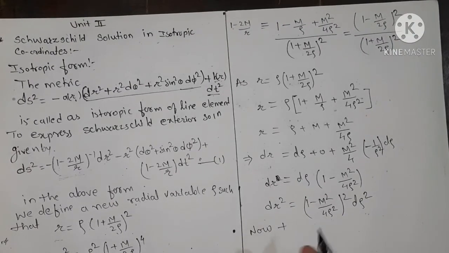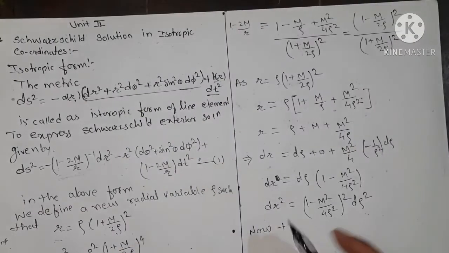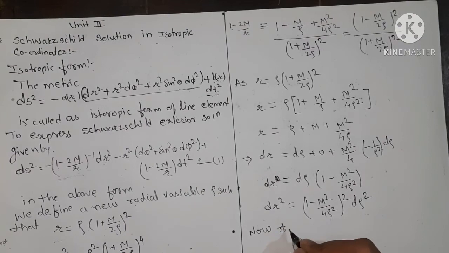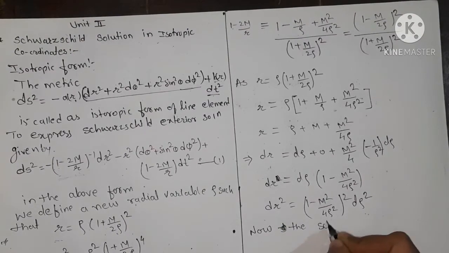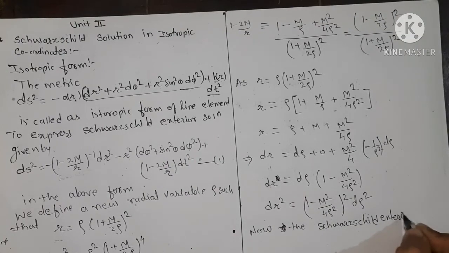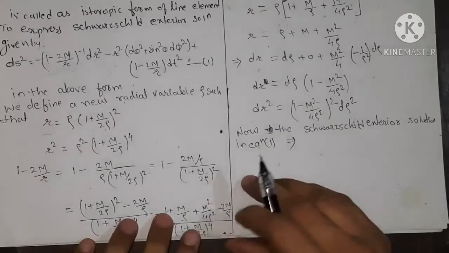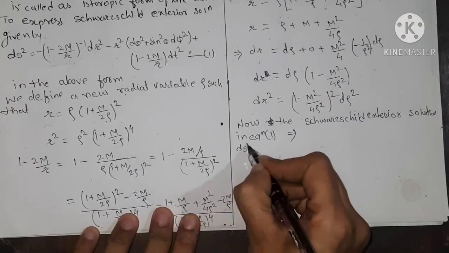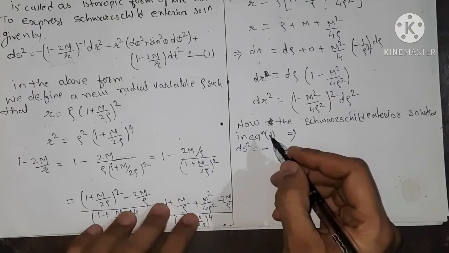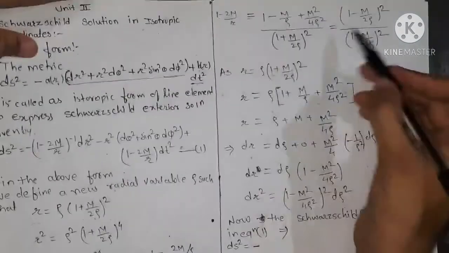Now we substitute these values of r, dr square, and 1 minus twice m upon r in equation 1, that is the Schwarzschild exterior solution. Equation 1 implies ds square equals minus, now 1 minus twice m upon r inverse is here, so we have to take the reciprocal of this term.